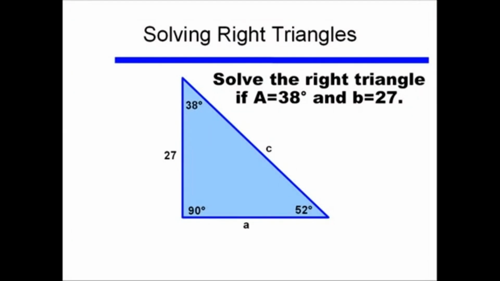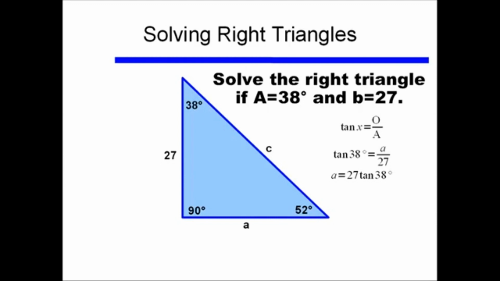Well, I think that's the tangent. So if I take the tangent of 38 degrees, because the tangent is equal to the opposite over the adjacent, tangent of 38 degrees for this triangle would be that side a that I want to find, divided by the length of my adjacent side, or 27.